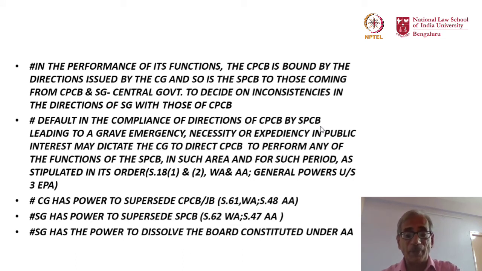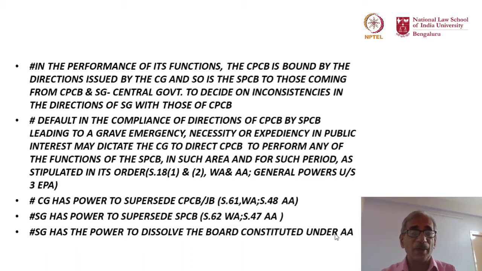The central government has power to supersede CPCB and joint boards. The state government has power to supersede State Pollution Control Board. This is what I've said. And this would lead to an anomalous situation of the kind that I had explained a little while back. The state government has the power to dissolve the board constituted under Air Act. So there is a power to supersede, there is a power to dissolve.